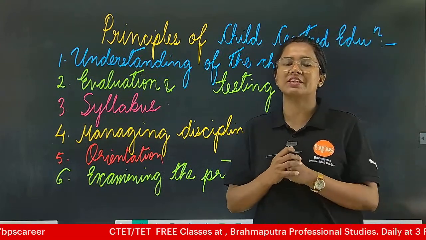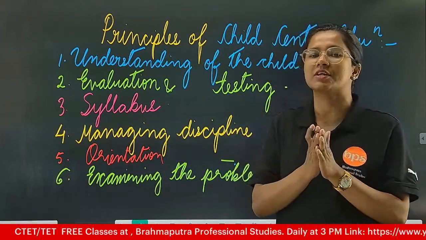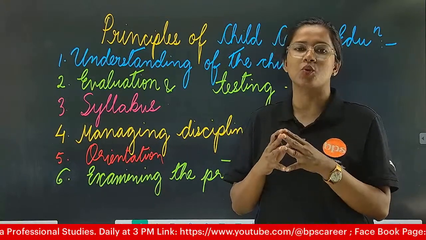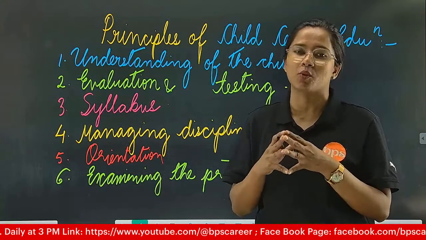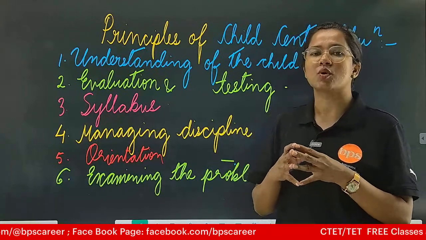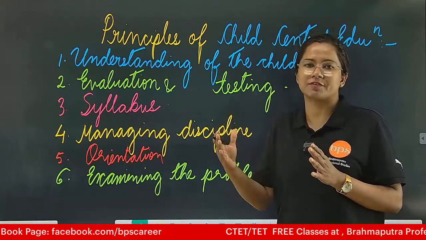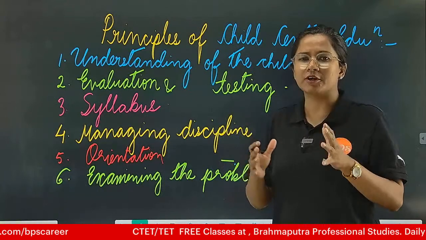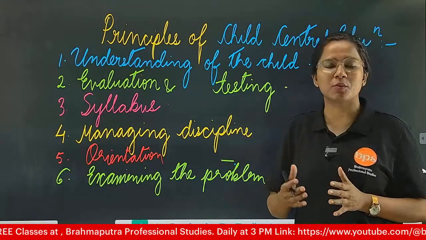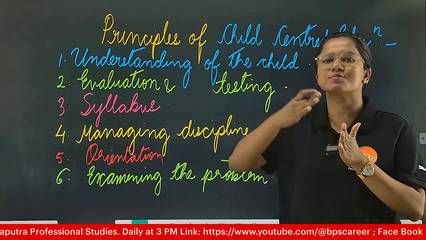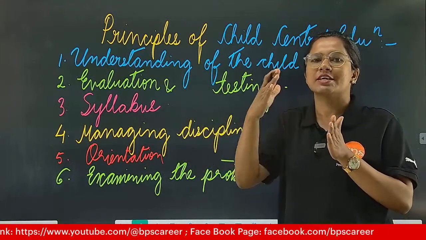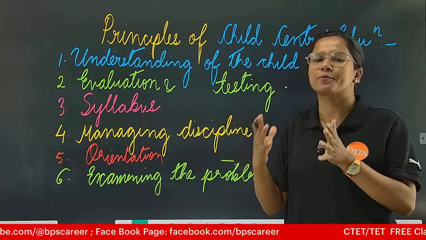From the first one, we need to know that a child is unique, a child is special, and he or she has his own problems, own qualifications, own abilities. Depending on one's ability, we need to understand the limit of the child, because a child is different from one another, so he has his boundaries, the limit to which he can work, think or solve a problem.